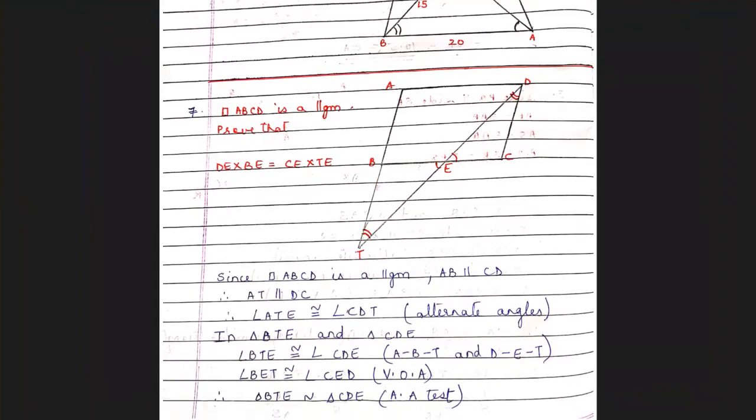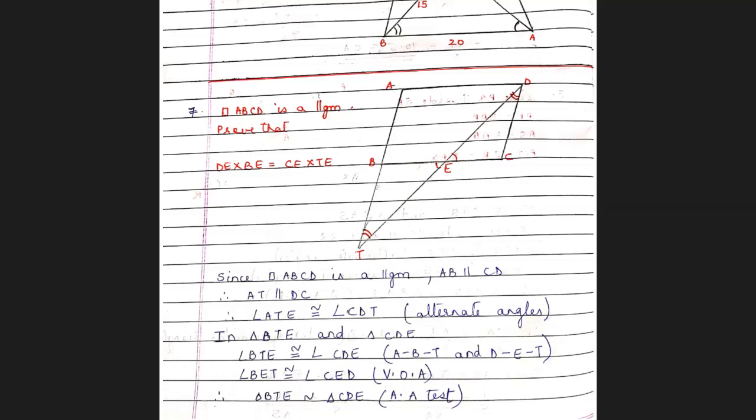Since quadrilateral ABCD is a parallelogram, AB is parallel to CD. Therefore, AT is parallel to DC. Okay. Now, angle ATE is congruent to angle CDT. They are alternate angles because DT is transversal and AT is parallel to DC, right?